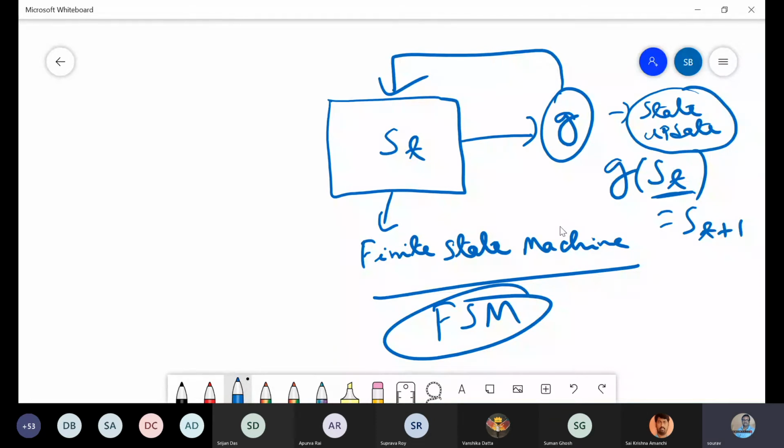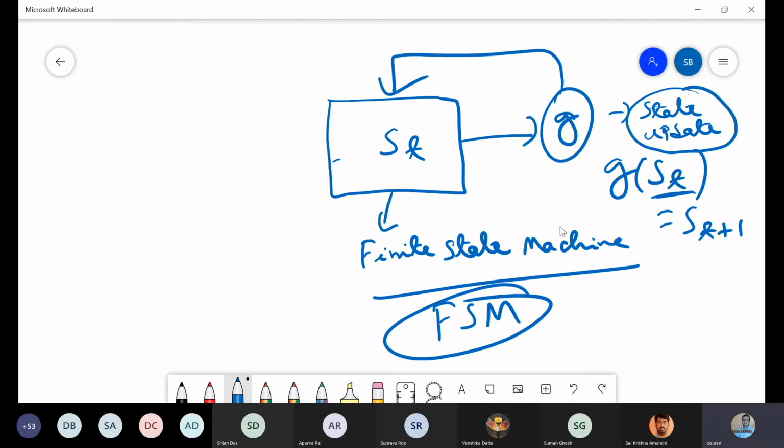Like for LFSR, we are doing the XORing of some of the cells, and changing this value. The other values are just shifting of the previous values, but the last value is changed by this feedback. In total, every value is changing.